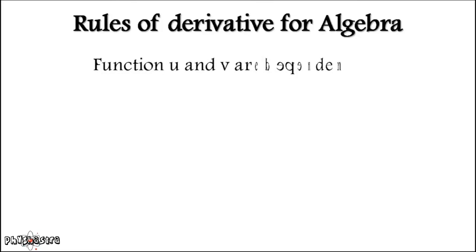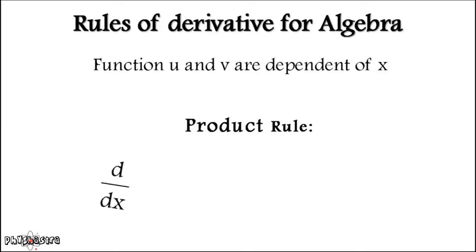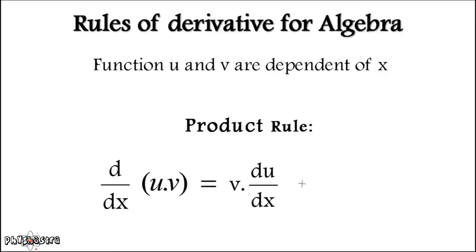Here the formulas get a little complicated in derivatives. Again we use the same two functions u and v, but this time we find the derivative of the product of these two functions. So d of dx of u dot v equals v multiplied by du by dx plus u multiplied by dv by dx.